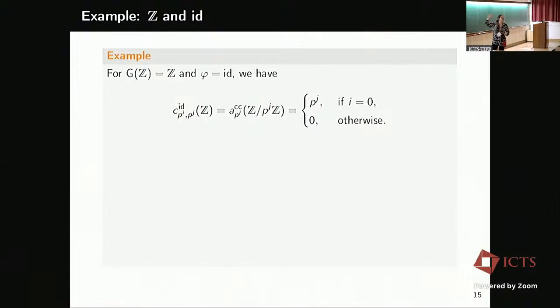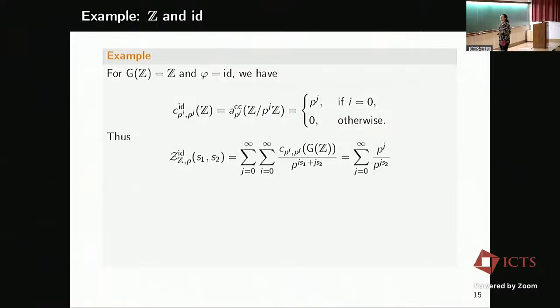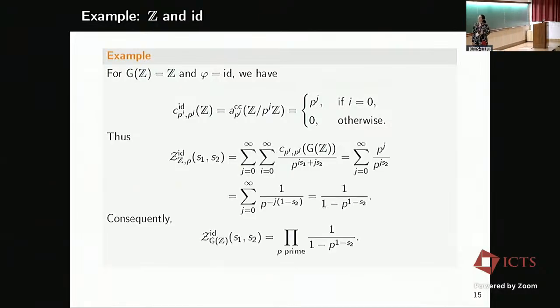We have as many conjugacy classes as the size of the group. So this is P to the power j, the number of elements of the group. So we easily compute the zeta function of this one. When we plug in P^j, we get a geometric series. We know how to compute this. So we just get a very nice factor, 1 over 1 minus P to the 1 minus s2. And then the global zeta function is just the product of all these factors.